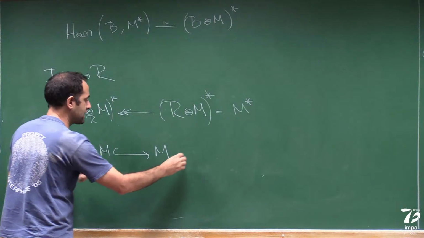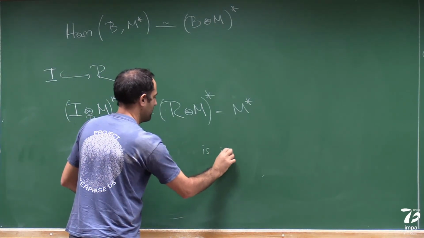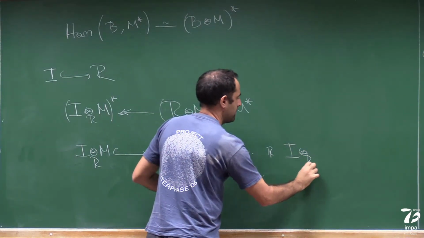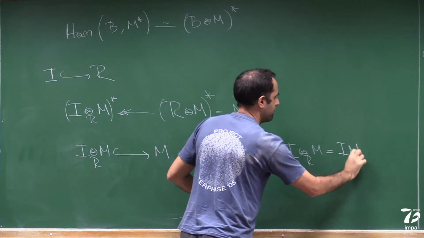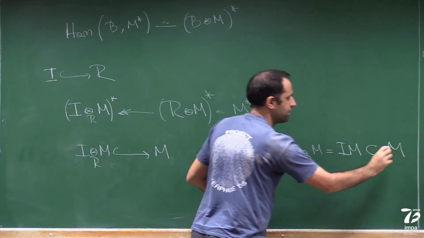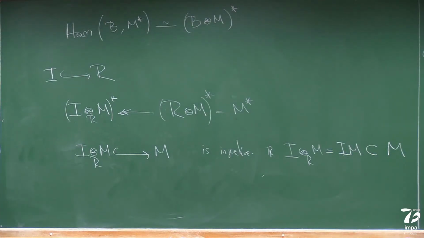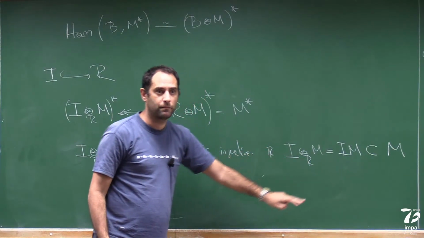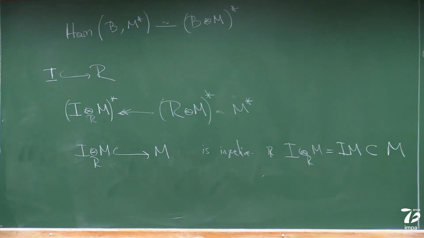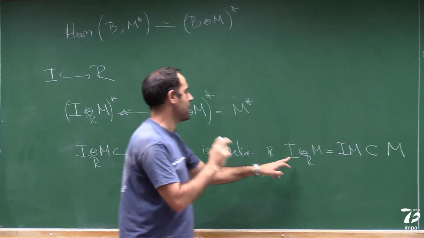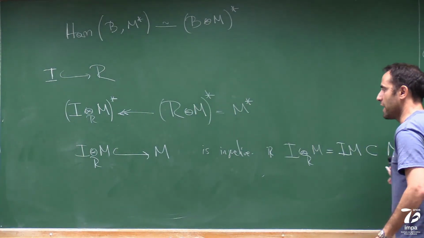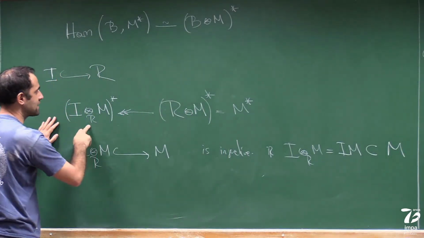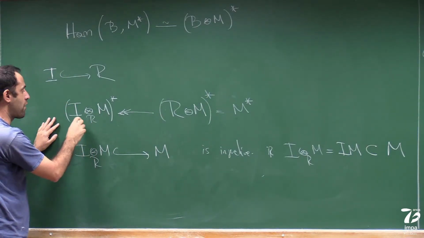So this guy is injective if and only if this guy is IM, because this is inside of M. The map from here to M factors through the kernel to I times M. Okay, so this guy is equal to that, implies that this map is injective, therefore that this map is surjective, and we only got the surjection for an ideal inside of R.